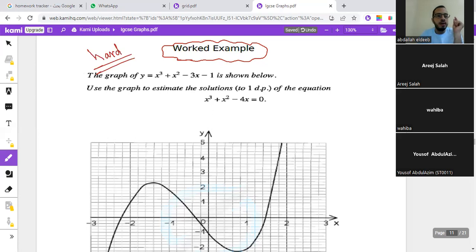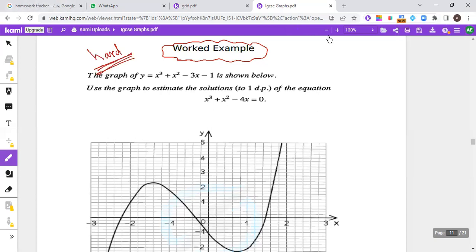The graph of y equals x power 3 plus x power 2 minus 3x minus 1 is shown below. Use the graph to estimate the solution to one decimal place of the equation x power 3 plus x power 2 minus 4x equals 0.